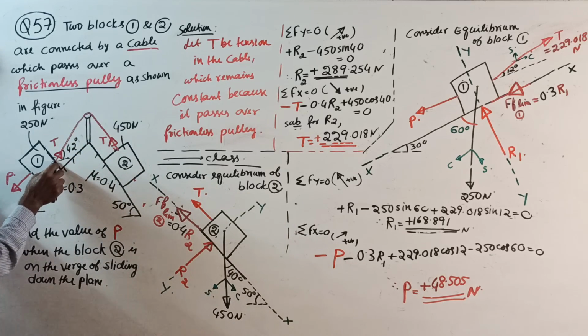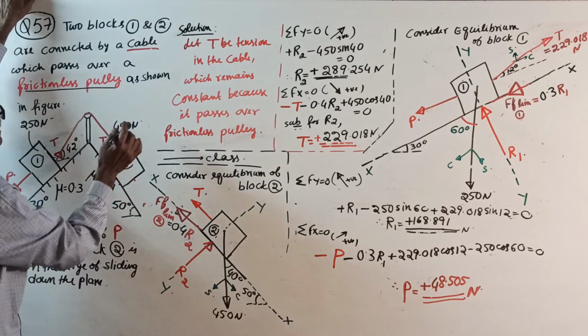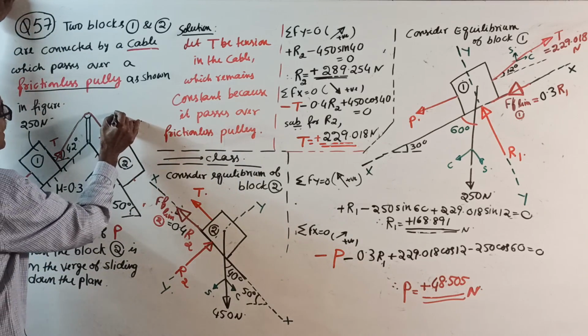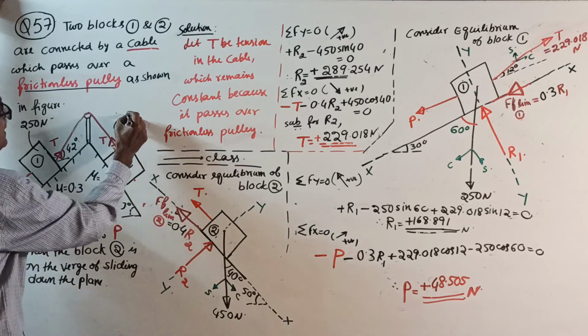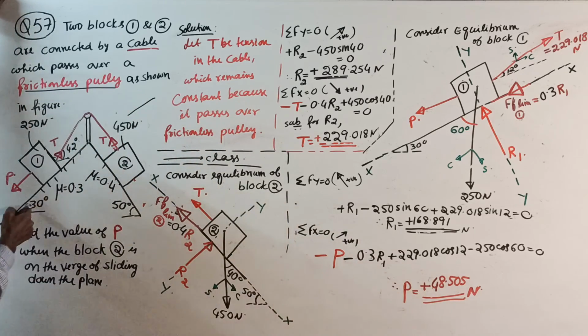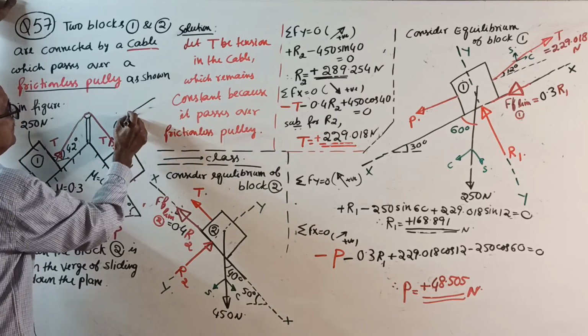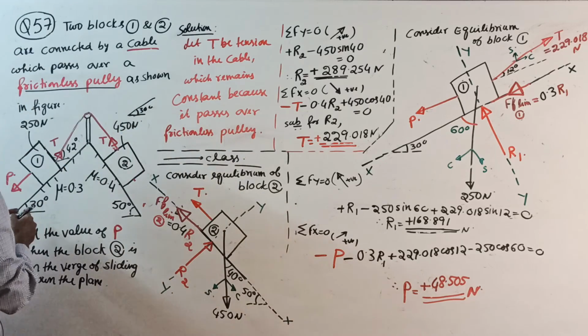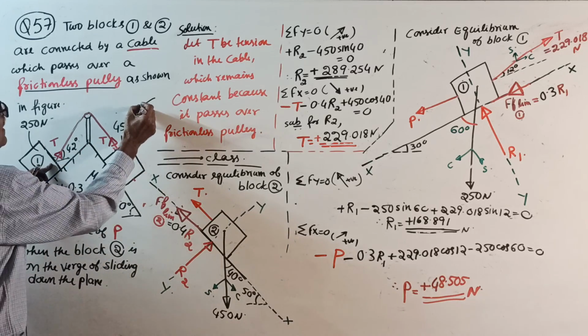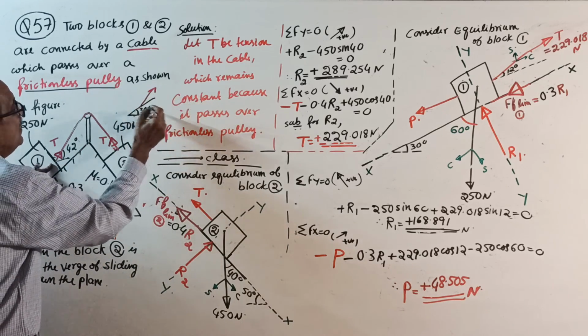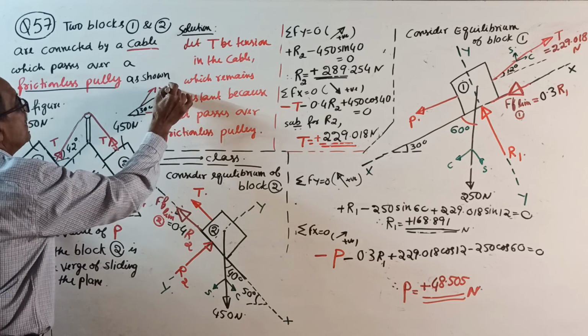It is making an angle of 42 degrees with the horizontal, whereas this inclined plane is making 30 degrees with the horizontal.